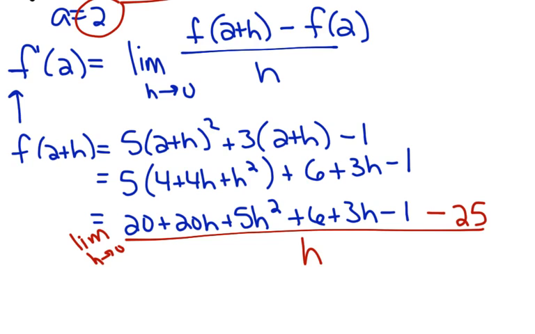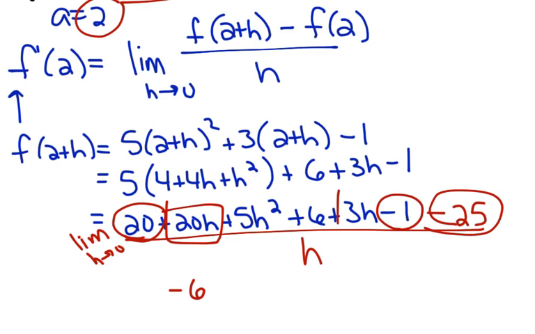So now I'm going to combine my like terms. I have 20 minus 1 is 19, minus 25 is negative 6. I have a 20h and a 3h, that's 23h. Oh, I missed my 6. Sorry, there was a 6 there too, so 6 and negative 6 cancel.